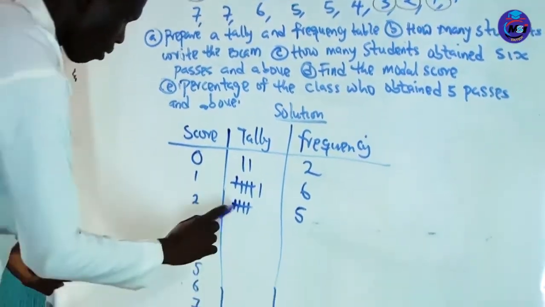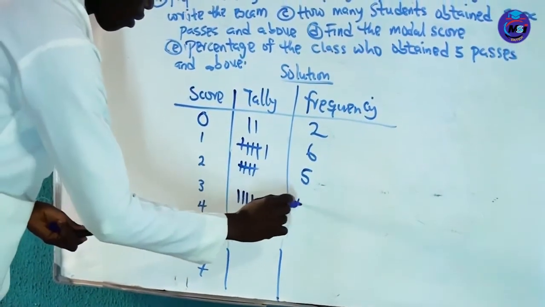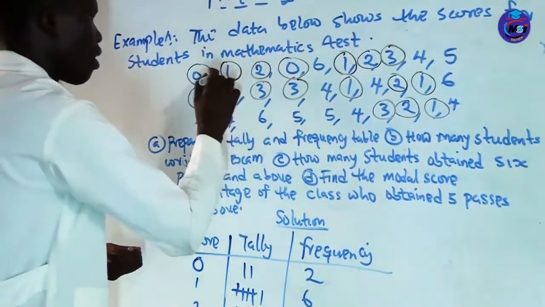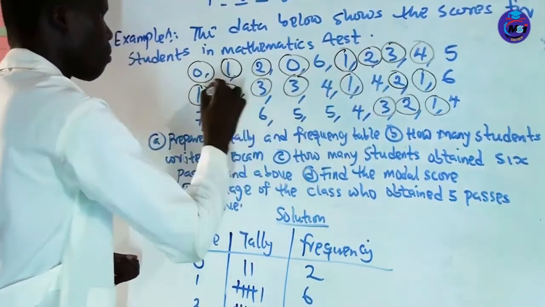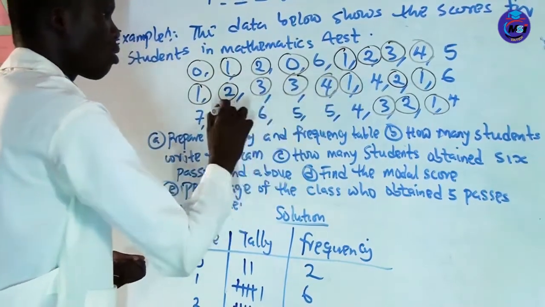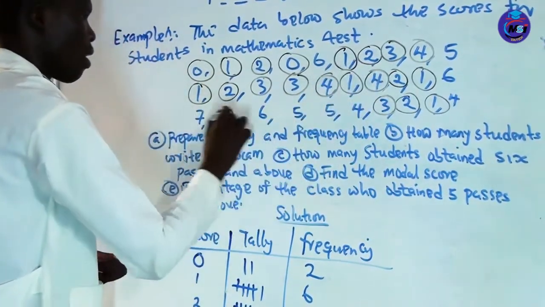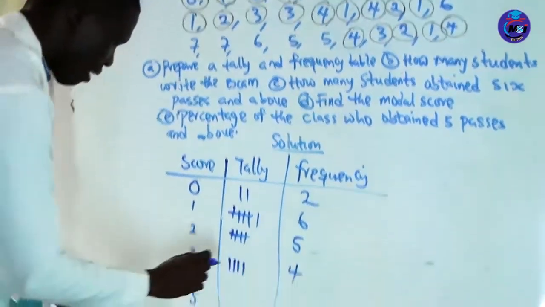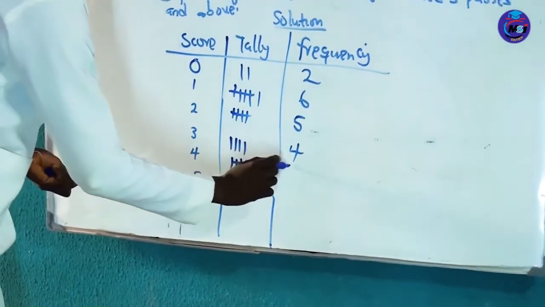We have 4. Then 4. 1, 2, 3, 4, 5. We have 5.